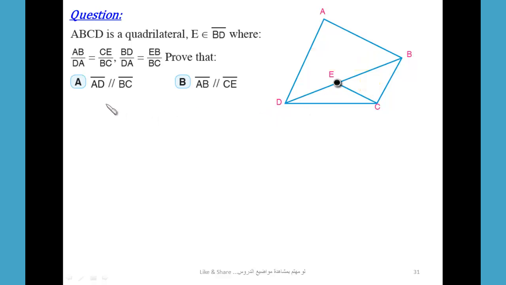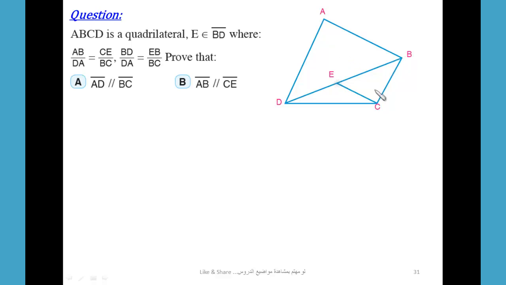The required is to prove that AD is parallel to BC, and AB is parallel to CE. The idea is to prove that triangle ABD is similar to triangle EBC.